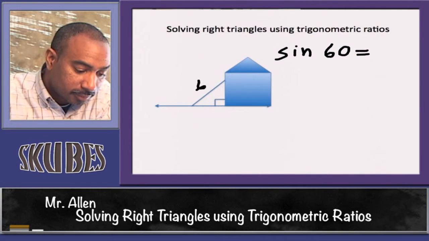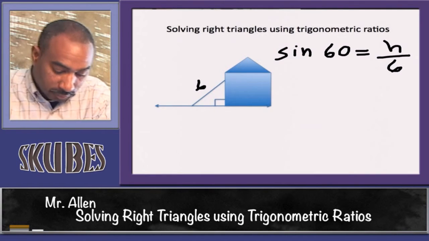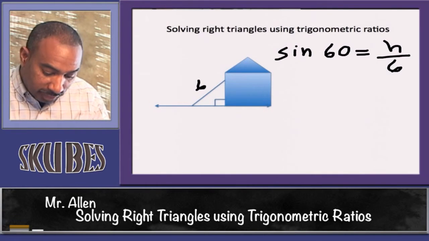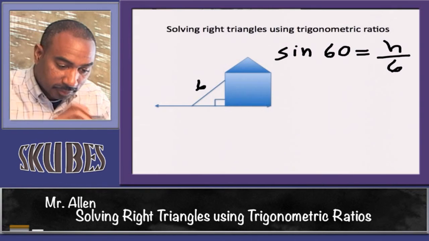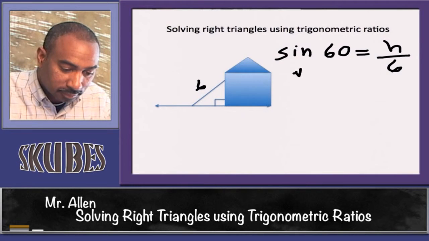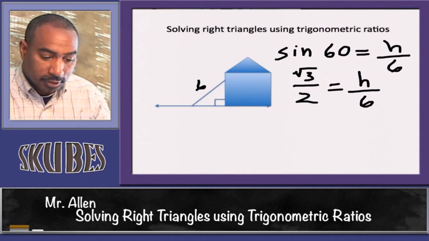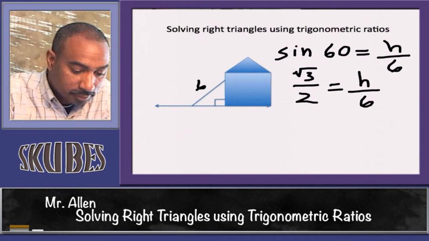Remember, this is 6. And we have opposite is the height, that's what we're looking for, over 6. Well, the sine of 60 is what? We said radical 3 over 2, I believe, right? h over 6. So you're going to cross multiply this.